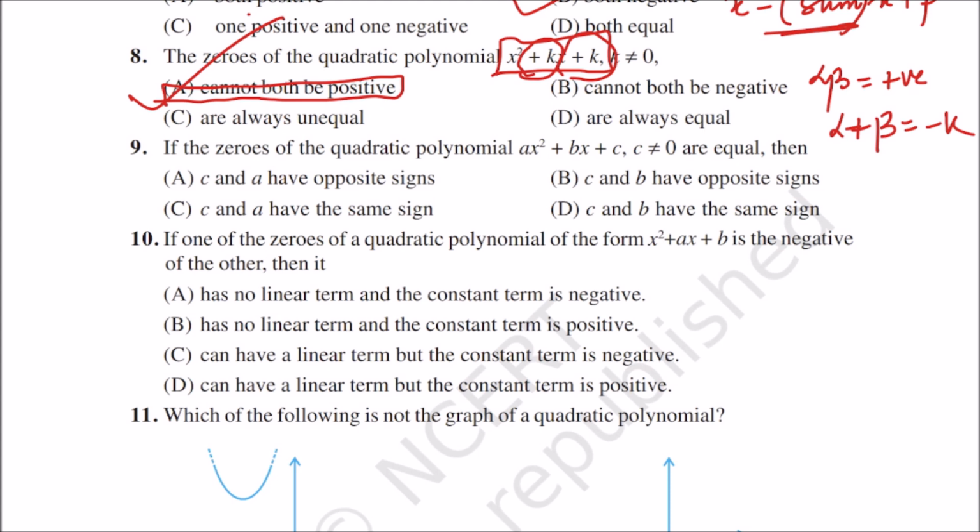Question number 9. If the zeros of the quadratic polynomial x square plus bx plus c are equal, that means alpha is equal to beta, then c and a have opposite signs, c and b have opposite signs, c and a have the same sign, c and b have the same sign. So when they are equal, each is equal to minus b by a.